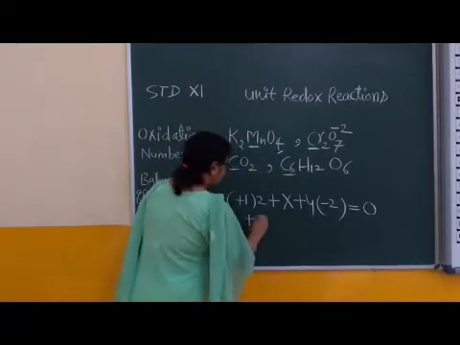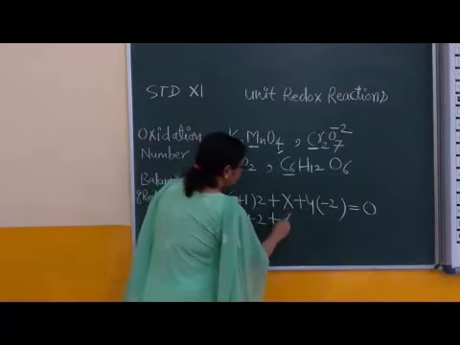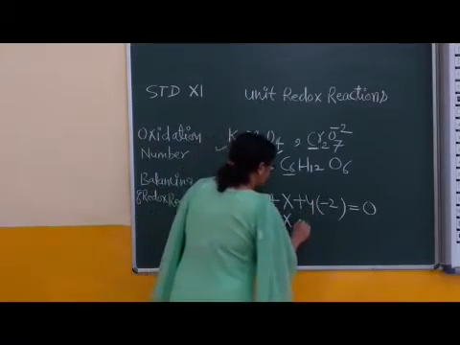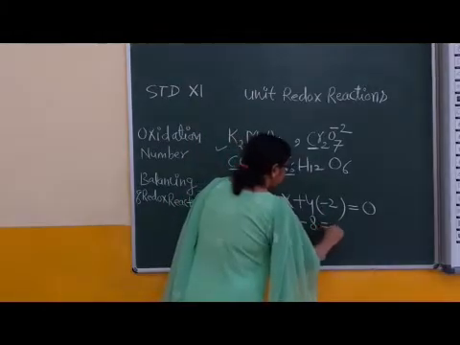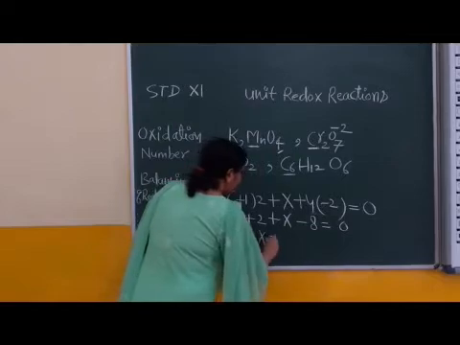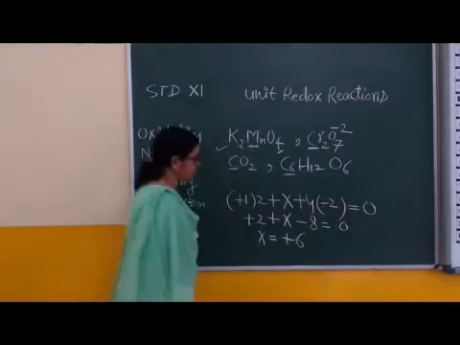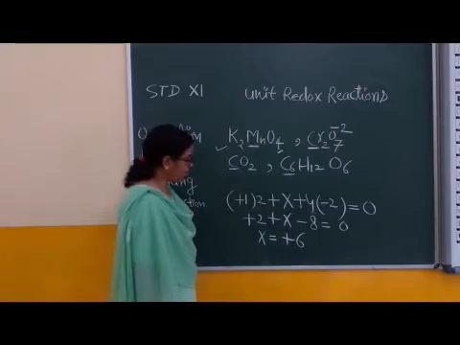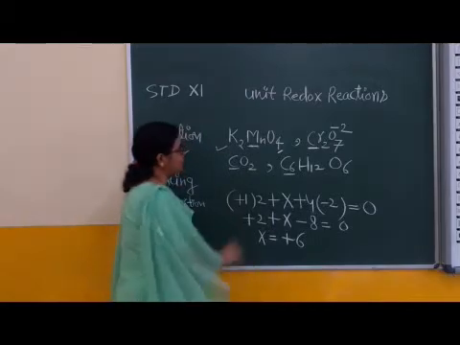Then +2 plus X plus 4 into -2, which is -8, is equal to 0. Right? +2 -8 is equal to -6, or X is equal to +6. Is this +6 answer correct or not?